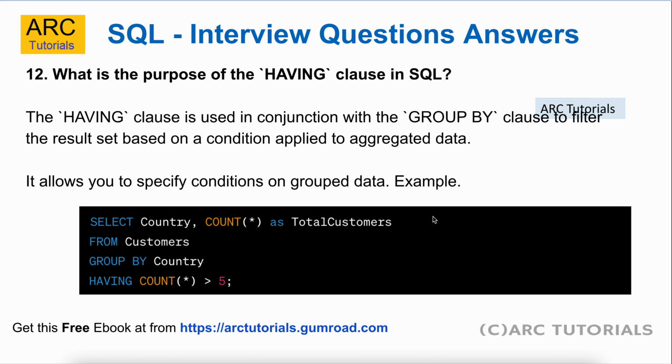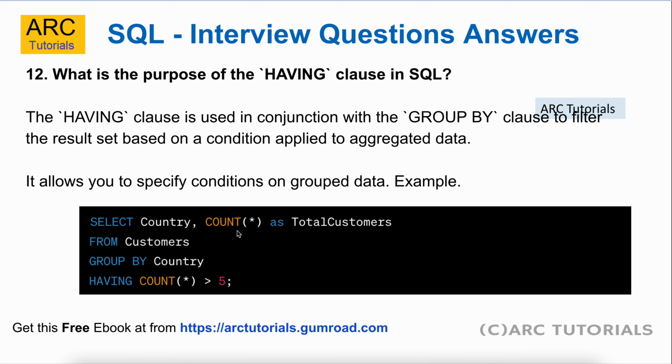What is the purpose of the having clause in SQL? The having clause is used in conjunction with the group by clause to filter the result set based on a condition applied to aggregate data. Now take an example that we did previously also.